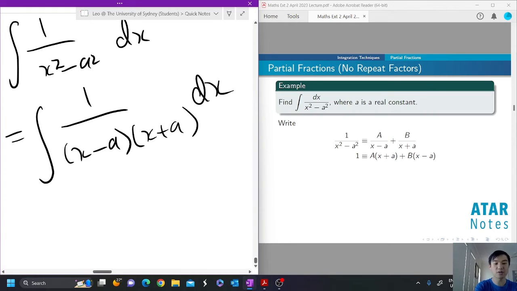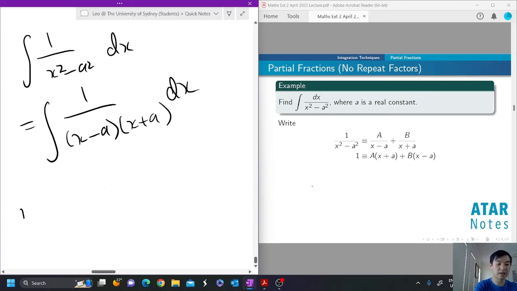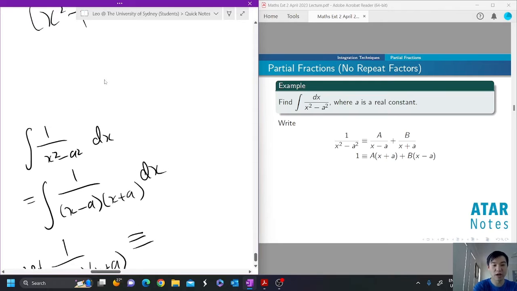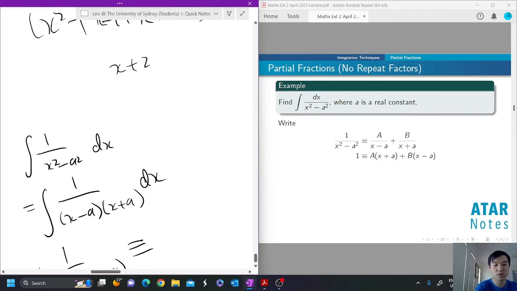So now we can use partial fractions, so I'm going to split this fraction. I'm going to let it be identically equal to something. It's not like a normal equation. Remember with x plus 2 equals 7, this will only happen when x is equal to 5.